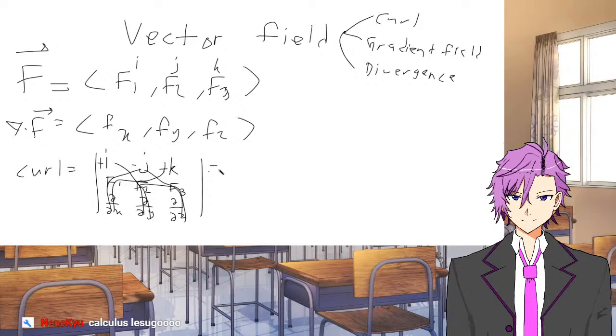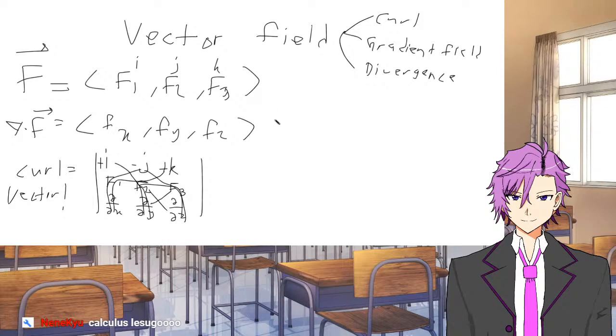So this one would be plus this multiplied with this minus the ones of F3 multiplied by d over dy. That is curl. And also remember, curl is actually a vector.